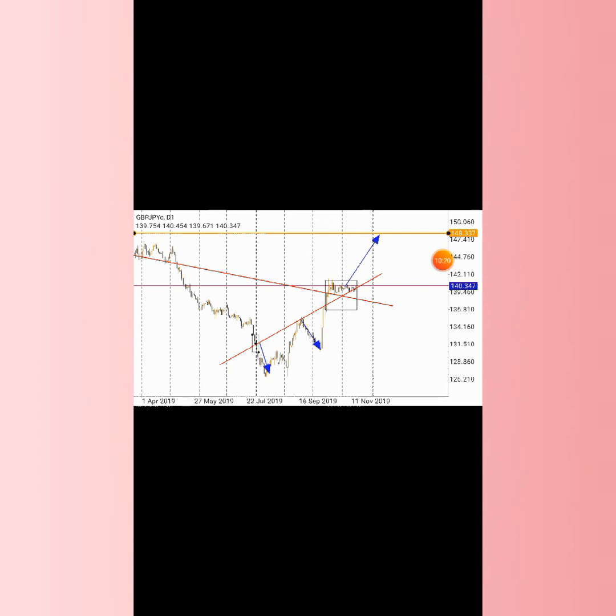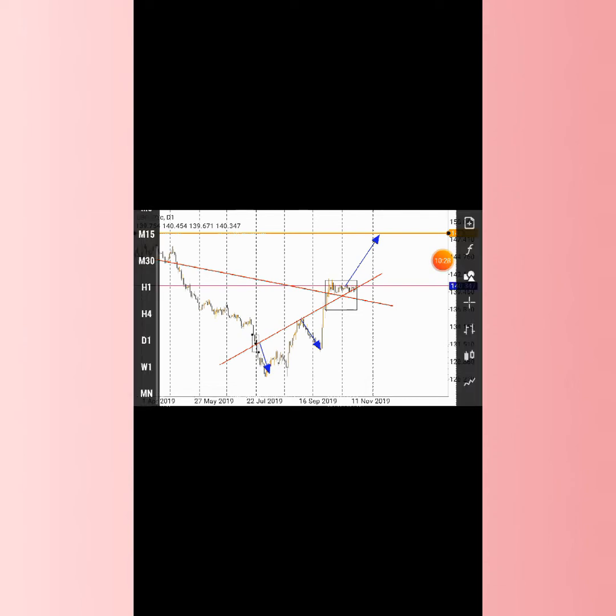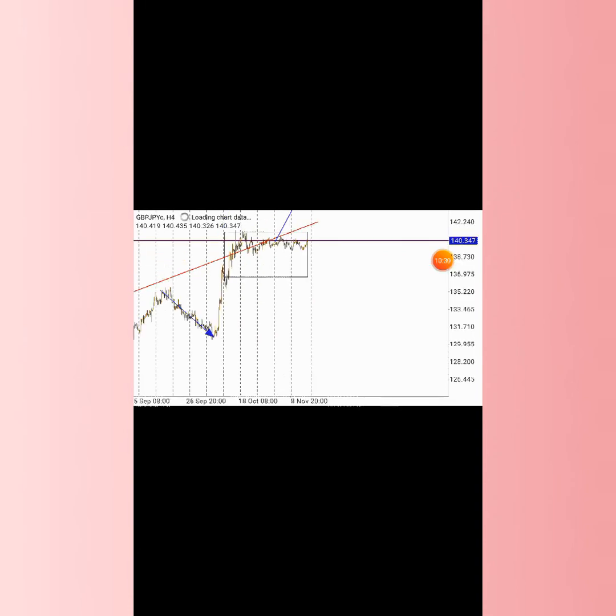So the best way to always do analysis is to take the longer time frames. You start with the longer time frame. So when you go to H4, you now realize, okay, this is a range here. In this zone it's really so hard because there's a lot of manipulation in the forex market.